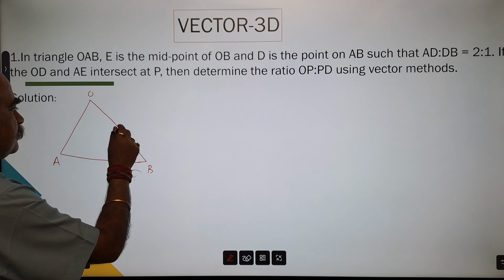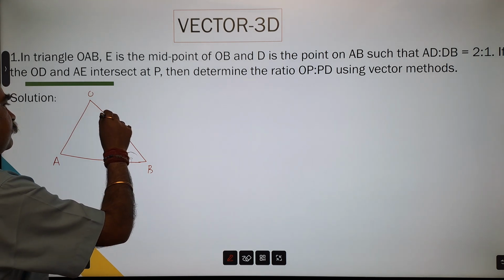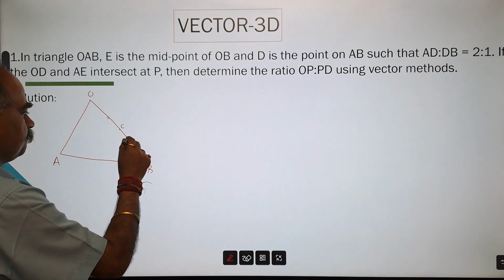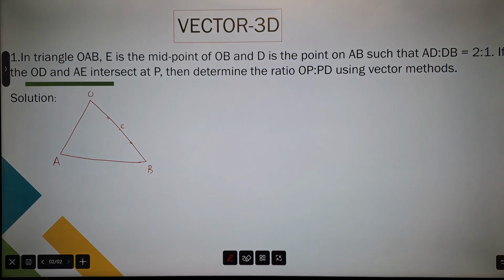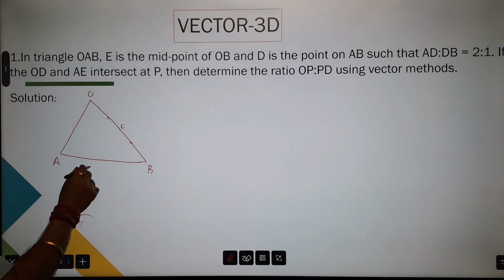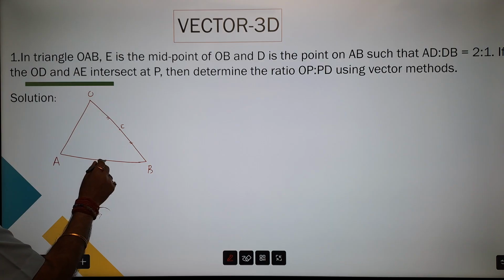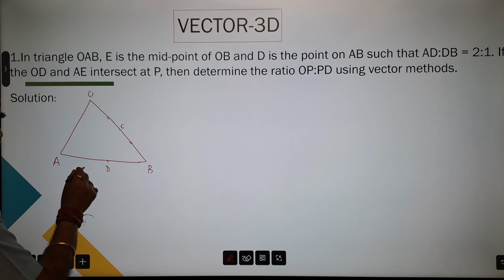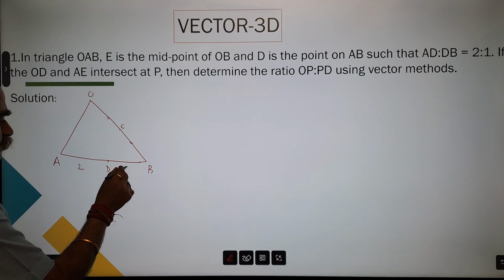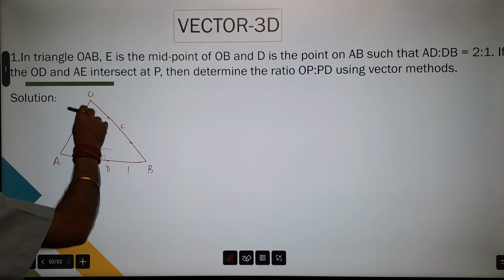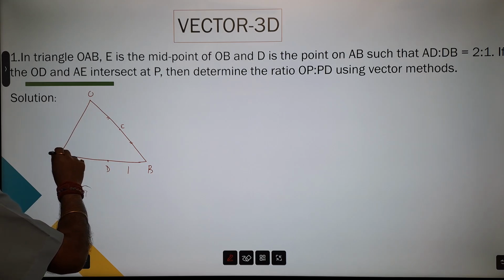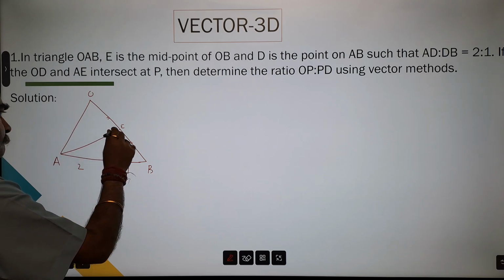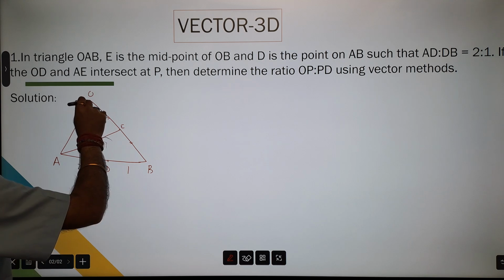This is E. It is the midpoint of OB. And D is a point on AB such that AD is to DB is 2:1. This is D. This part is 2, this part is 1. Join A and E, and O and D.